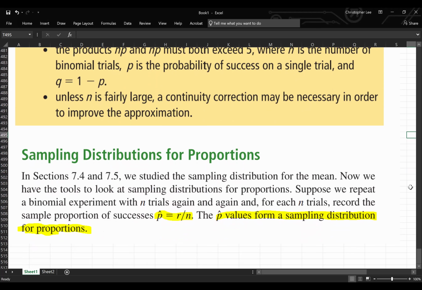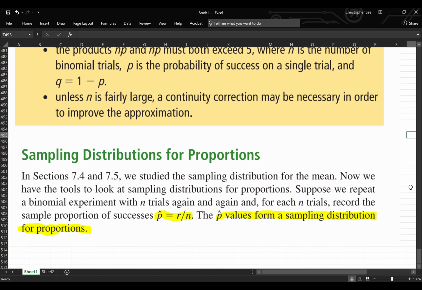Right. So, sampling distributions for proportions. Let's continue. In this section, we studied the sampling distribution for the mean. Now we have the tools to look at sampling distributions for proportions. Suppose we repeat a binomial experiment with n trials again and again, and for each n trials, we record a sample proportion of success, p hat.